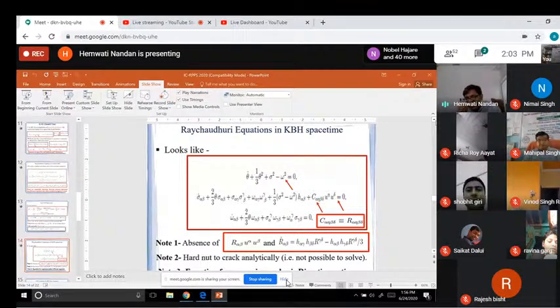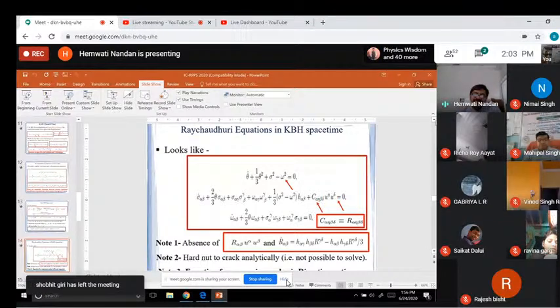So whatever geometric influence is because of the Kerr black hole, the curvature is still there, and it is actually coming out through this Weyl tensor piece. See, in the second equation, you can notice C_αβγδ, this piece over there, right? And it's really very difficult to solve these equations analytically.